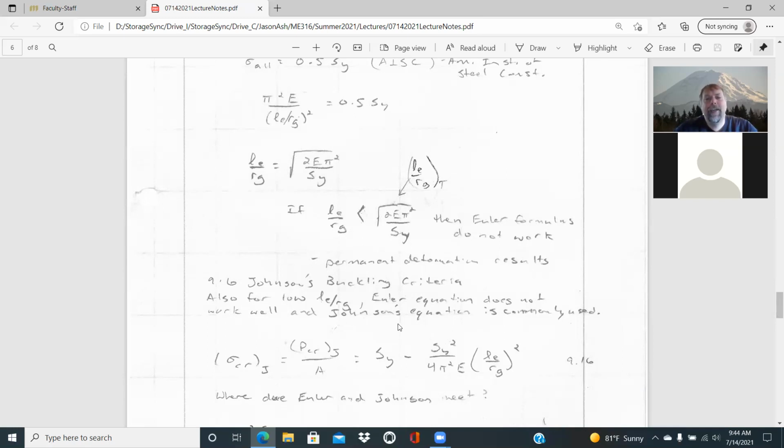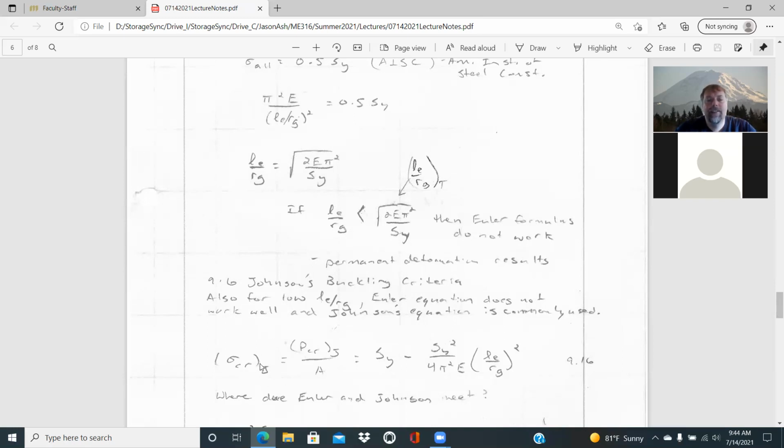I didn't want to talk about Euler's formula without discussing Johnson's formula, so that you know there's a difference between a long slender beam and a short stubby beam, and so that you're prepared for that as you go into machine design.